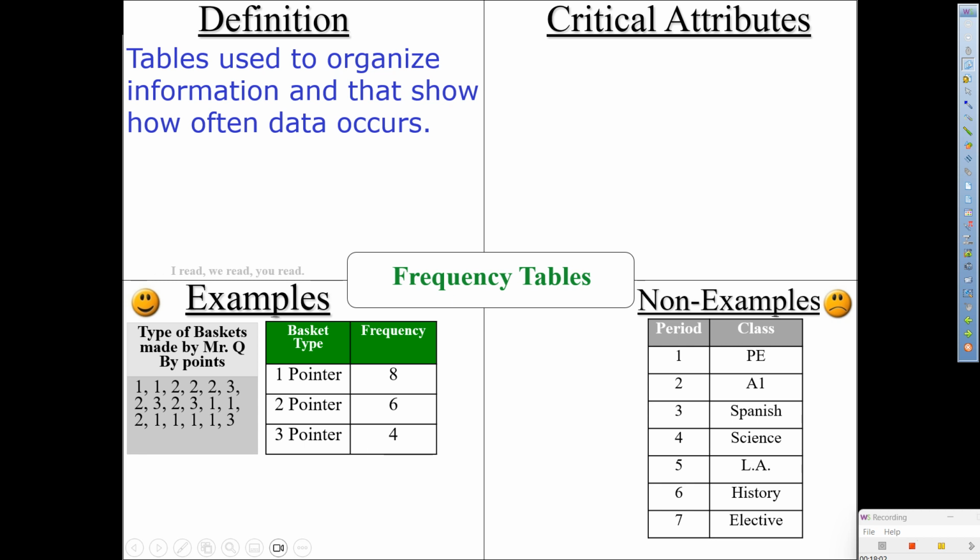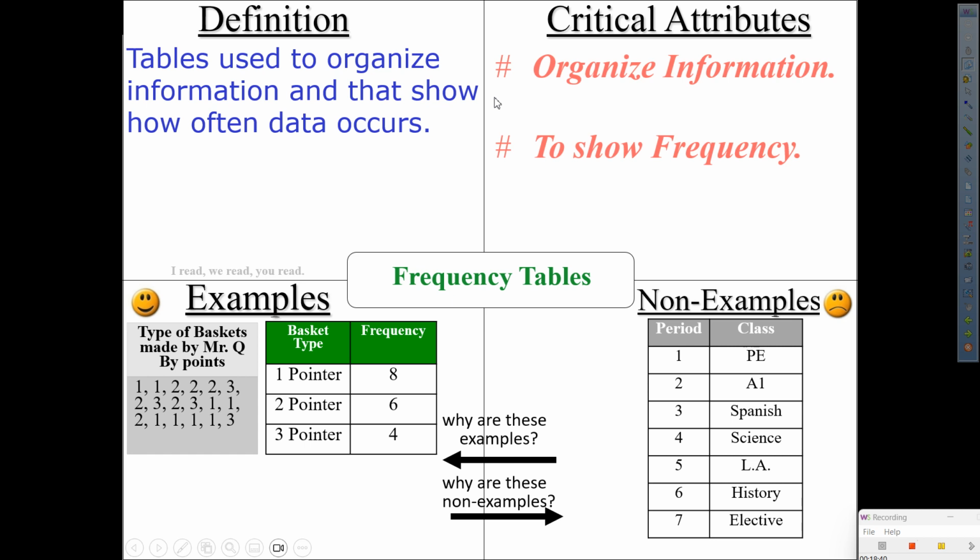Frequency, that is correct. It's just a list of classes. Doesn't show how often, like 3 times this person, it doesn't show the frequency. So, hashtag frequency tables are to organize information and to show frequency. All right, thank you for copying that down.